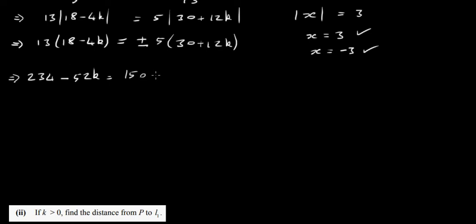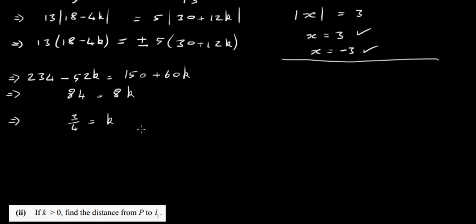So 5 times 12 is 60, and it's plus, so that's going to be 60k. So if I solve this, I get 84 if I bring the numbers over to one side. Bring the k's over to the other side, that'll give me 8k. So if I solve that, I get 3/4 on this side, and I get k here. Divide across by 8. So this is one solution for k.